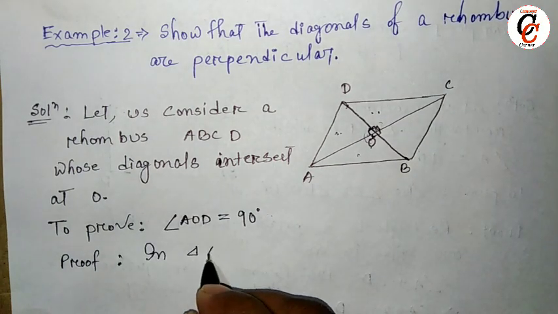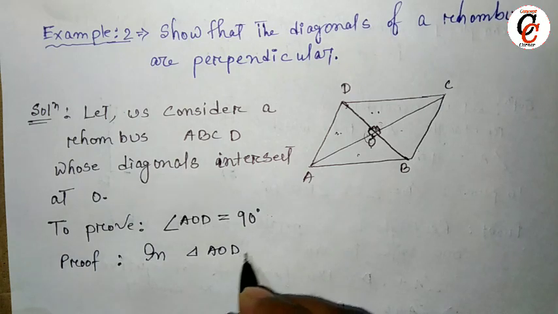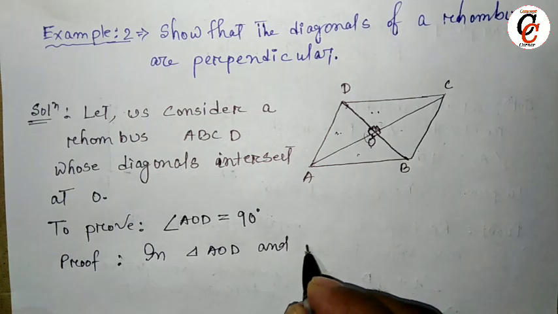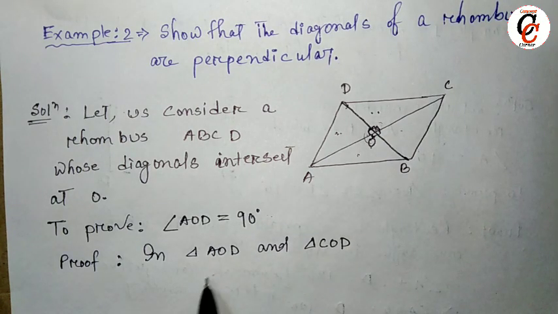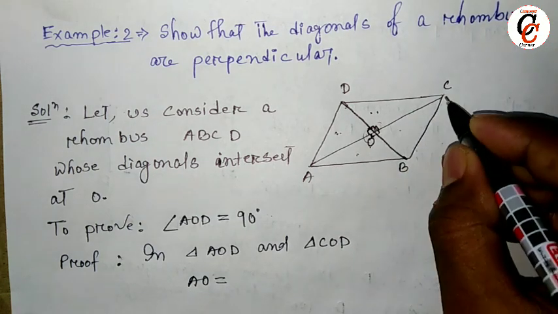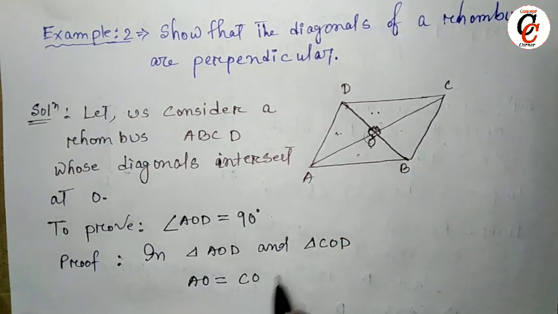In triangle AOD and triangle COD, we can write AO is equal to OC. Why?